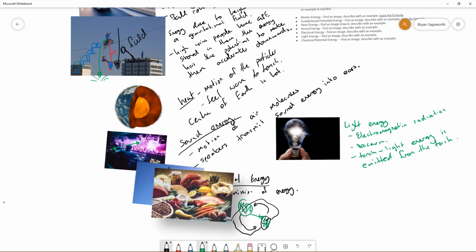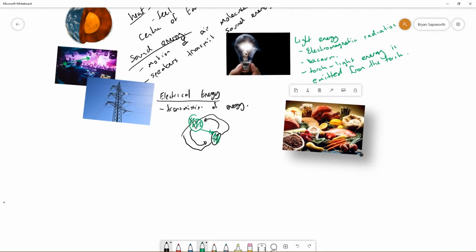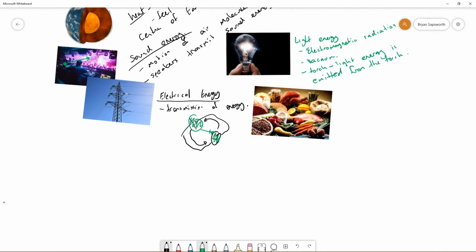And last one, where should we put that? Let's move down a bit. Last one here is the food here, which is chemical potential energy. So lots of molecules, atoms, compounds, whatever you want, can have the possibility or the chance of reacting.